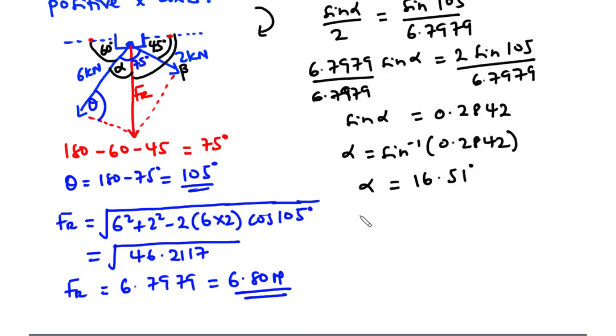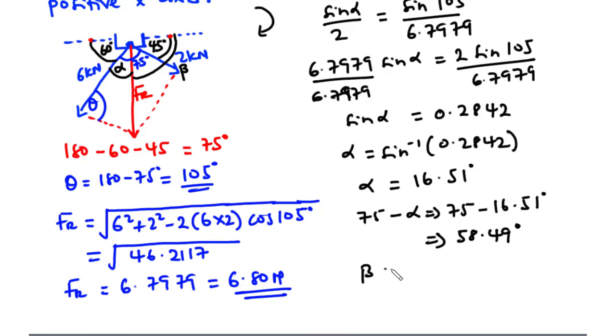So we have 75 minus alpha, which is equal to 75 minus 16.51. So 75 minus 16.51 is equal to 58.49 degrees.